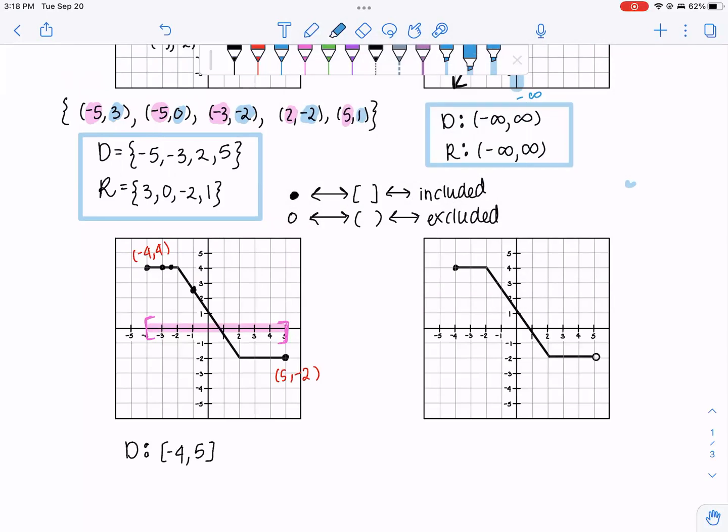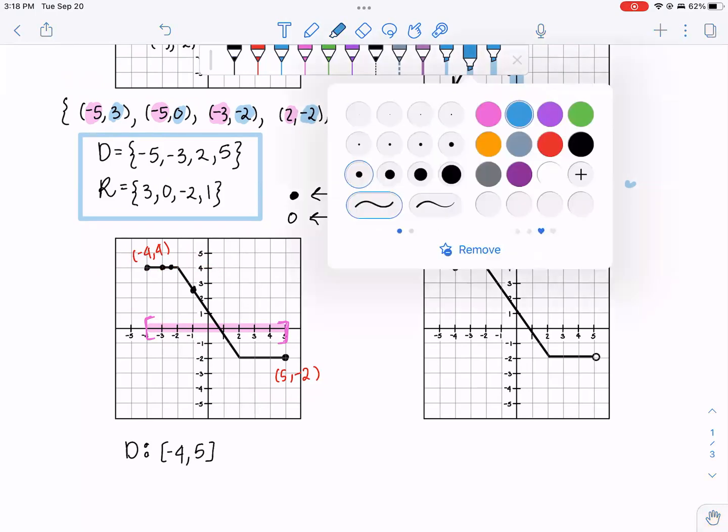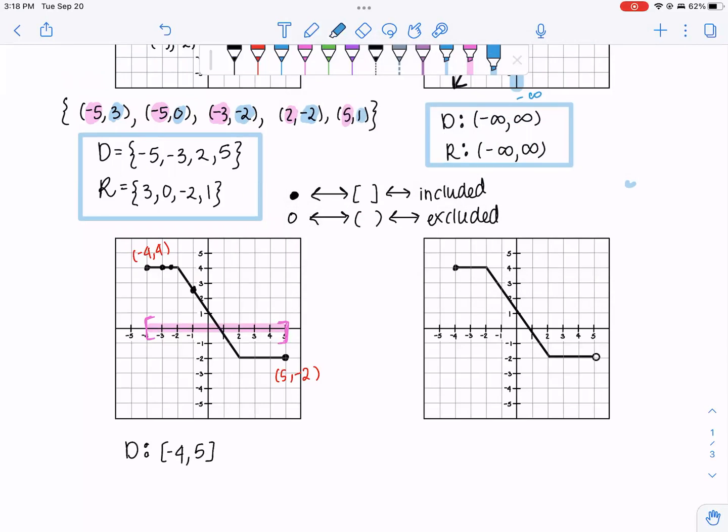For the range, the y values, the highest y value on this graph is 4, right? It begins at 4. The lowest y value on this graph is down here at -2. There are no points that have a y value less than -2. For the range, it's the range of y values.